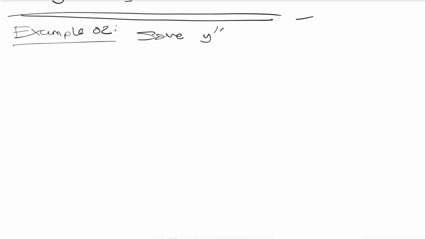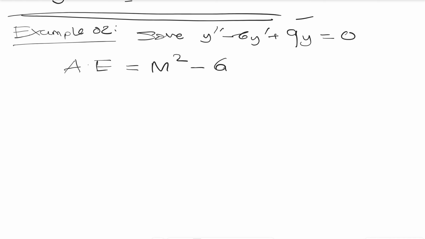Solve y double dash minus 6y dash plus 9y is equal to 0. Same steps. Auxiliary equation is m square minus 6m plus 9 is equal to 0. This can be m plus 3 whole square is equal to 0.